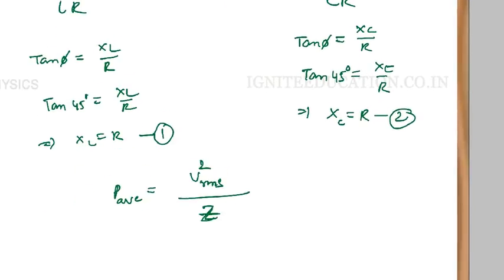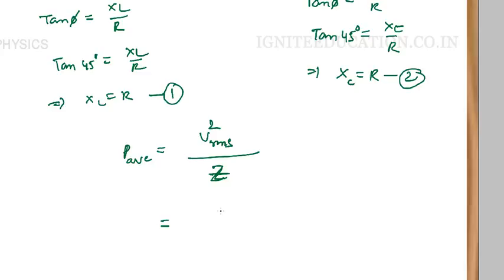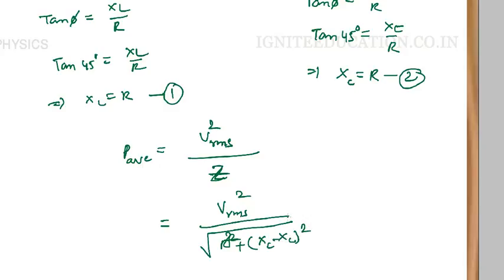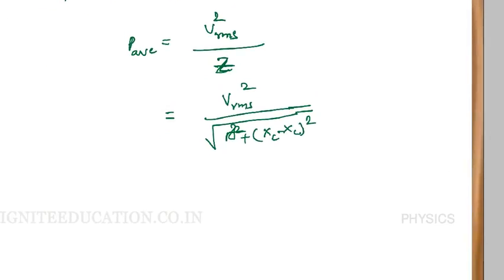What is Z? Z is the root of R square plus XC minus XL whole square. That is the expression for the total impedance of the LCR circuit.